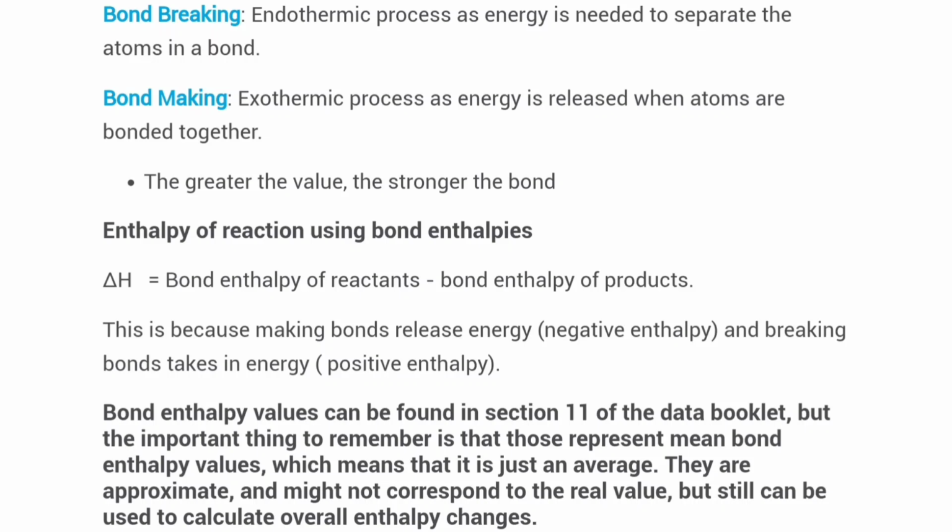So the bond enthalpies and the enthalpies of combustion and formation could differ because in calculations of bond enthalpies, the averaged values are used. The process of bond breaking is an endothermic process, since energy is needed to separate the atoms in a bond, and the process of bond making is exothermic, as energy is released when atoms are bonded together.